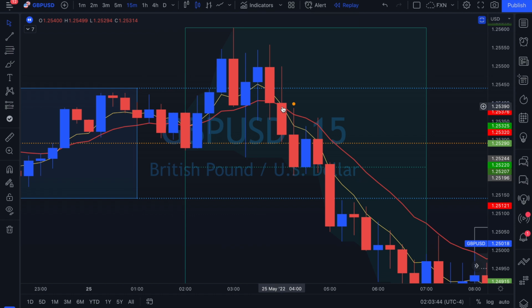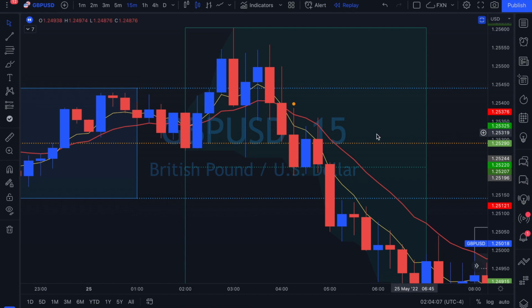For more conservative traders, they would like to wait for a 5 and 13 crossover, and then they would use that as their entry signal. So ultimately, it really just depends on what kind of a trader you are. Are you more conservative or are you more aggressive?